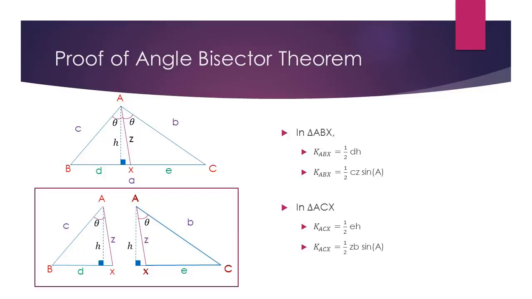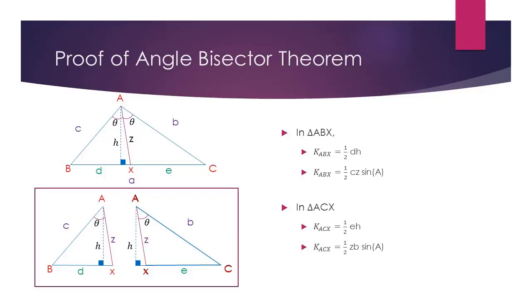So then we can also get, for the area, if we take it from angle A, 1/2 c times z times sine of A.